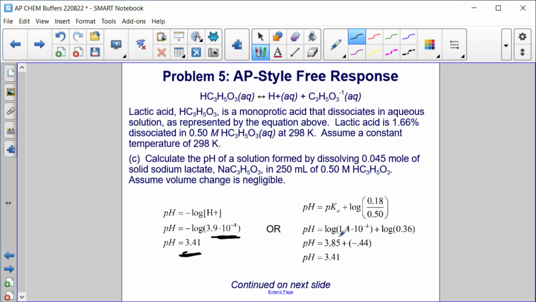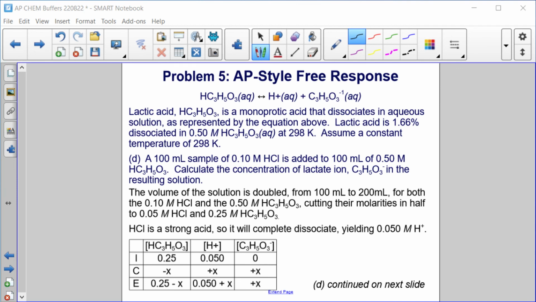So pH is the pKa, 1.4 times 10 to the minus 4, which was calculated in part A, plus the log of the concentration of the base, which again is 0.045 moles per 250 milliliters, over the acid, which is given as 0.50 molar. In doing that, we calculate the same pH of 3.41.